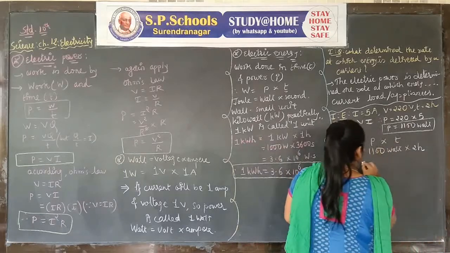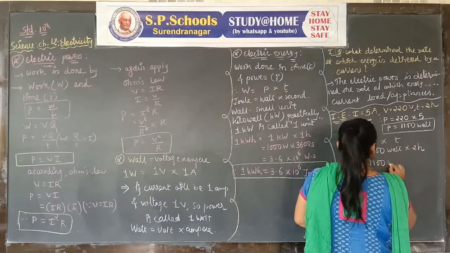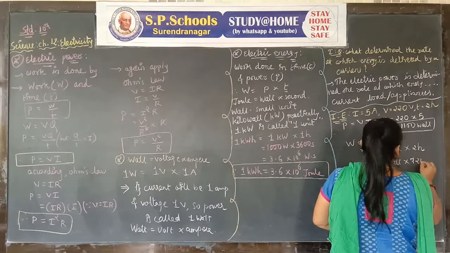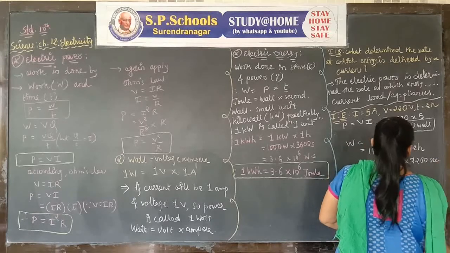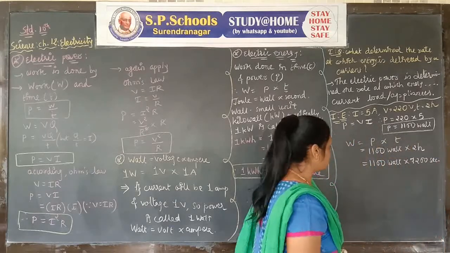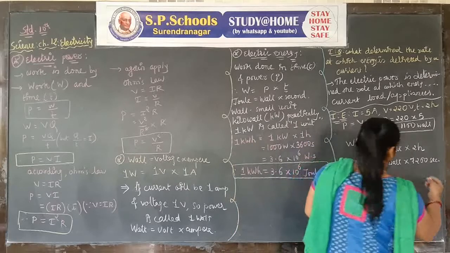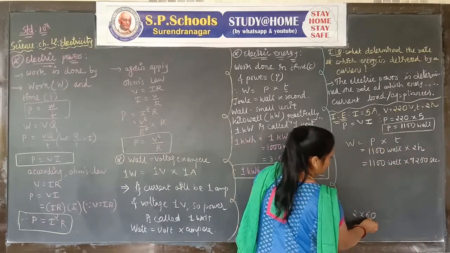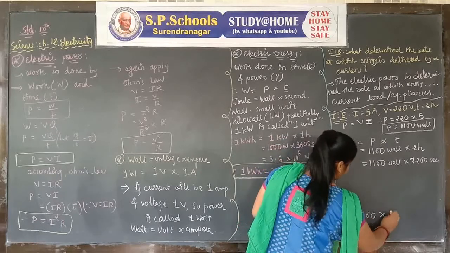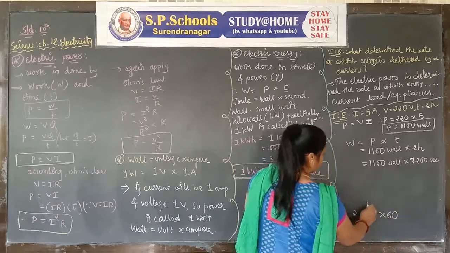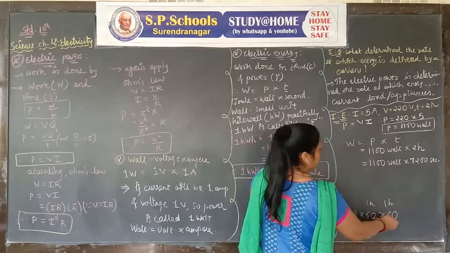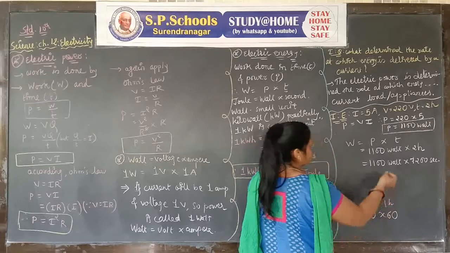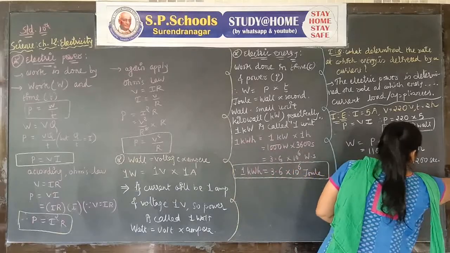So 1100 watt into 7200 second. 2 hours means 2 into 60 into 60, 1 hour is 60 minutes and 1 minute is 60 seconds, so 2 multiply 60 multiply 60 means 7200 second.